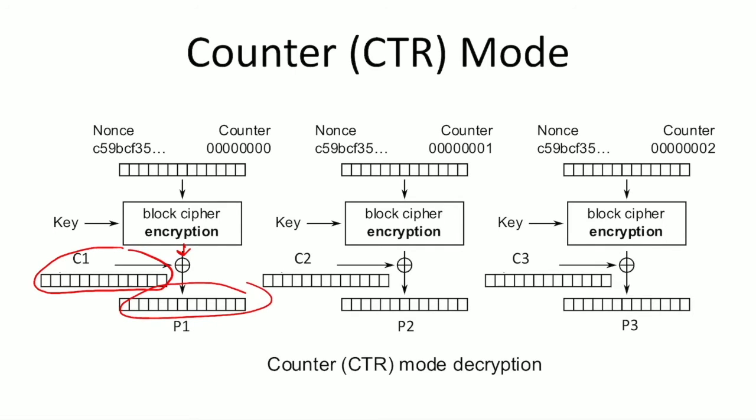And for the subsequent blocks, we will repeat the same process. However, the counter values are going to be incremented by 1. Note that although we are doing decryption, the block cipher is used in encryption mode here as well. Because again, this is only being used to generate the key stream and not ciphertext or plaintext.